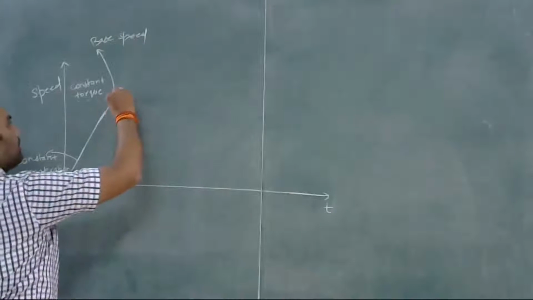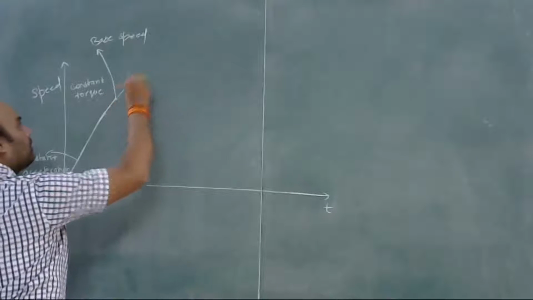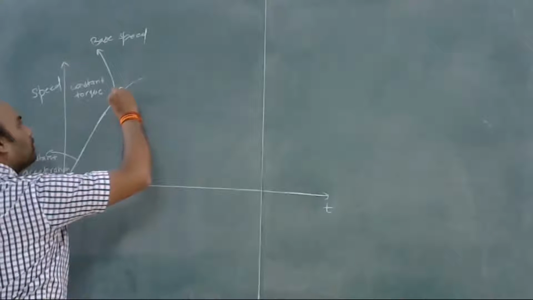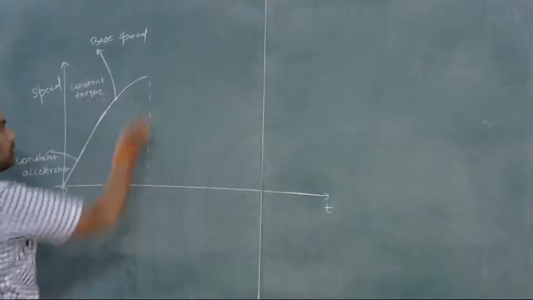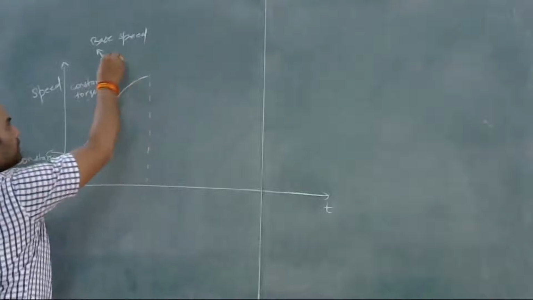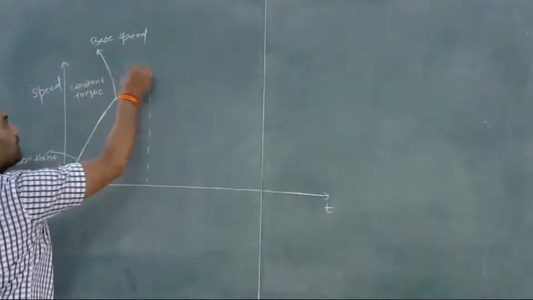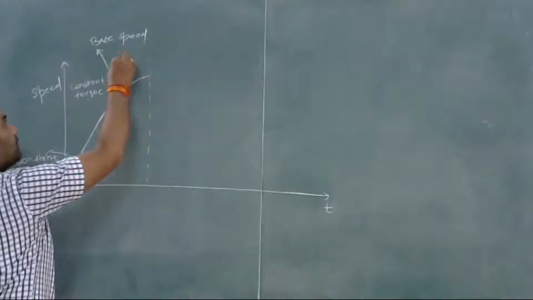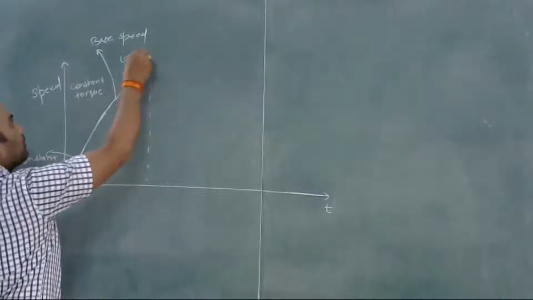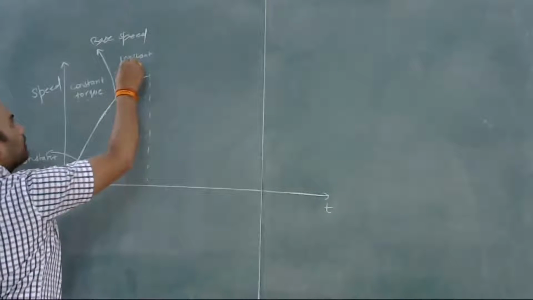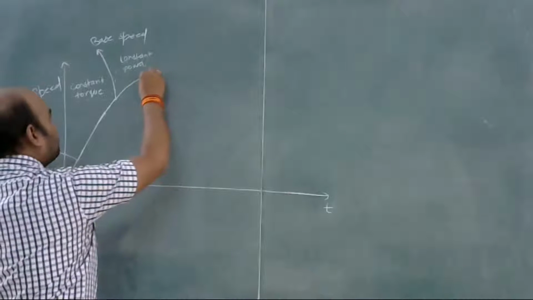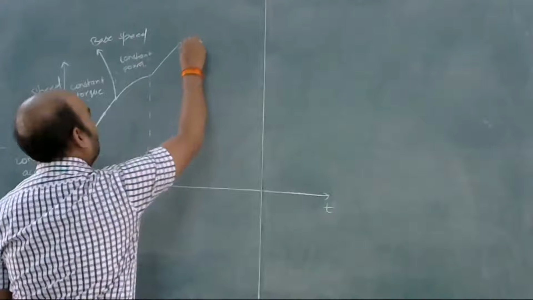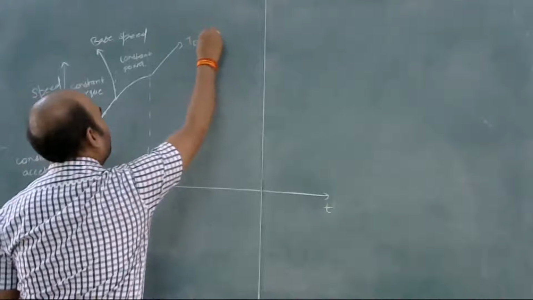Then it accelerates further with constant power. So this region is the constant power region.